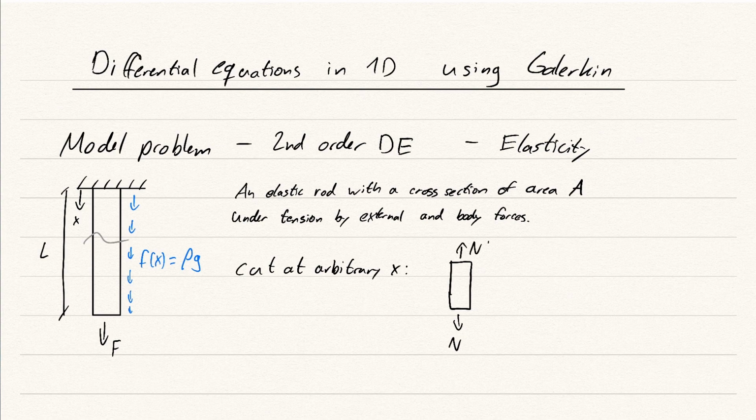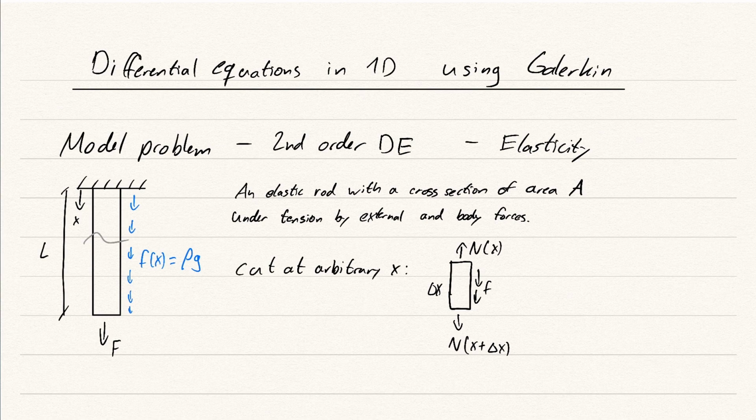This normal force here is at x, and this one here is at x plus the length of this small piece, which I'm going to call delta x. So the length of this is delta x. And because this force that we have here is per unit length, this force here will be f.